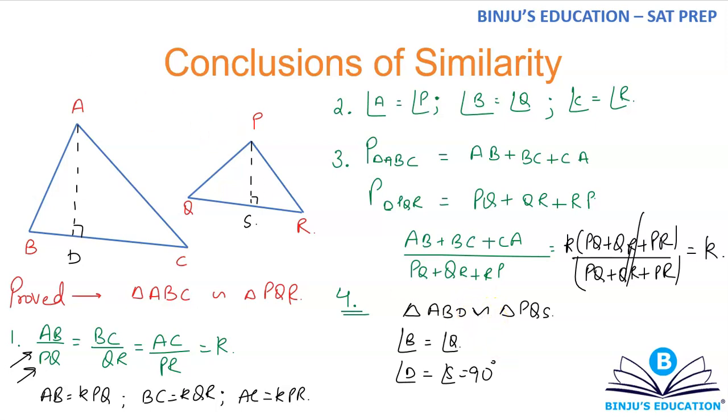If the two triangles are similar, then AB divided by PQ will be equal to AD divided by PS. Now AB by PQ is equal to K, so AD by PS will also be equal to K, as you can see from conclusion number 1.